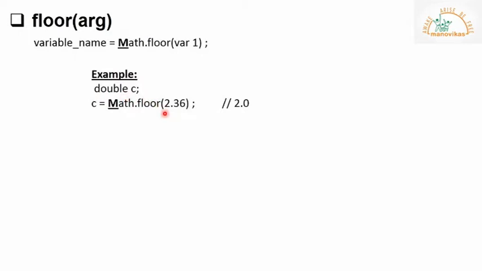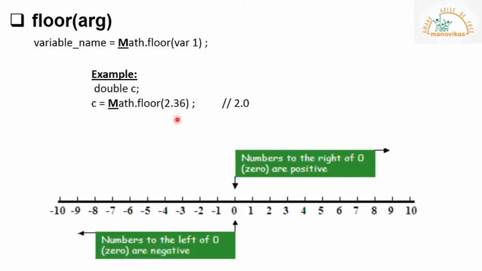Now, as per the definition, the output will be rounded down to the nearest integer. That means the lower integer value of this. This is the integer part of the number, and this is the decimal part. The lower integer which can be formed here is 2. Let's look at this number line. 2 is here. 2.36 appears between 2 and 3.